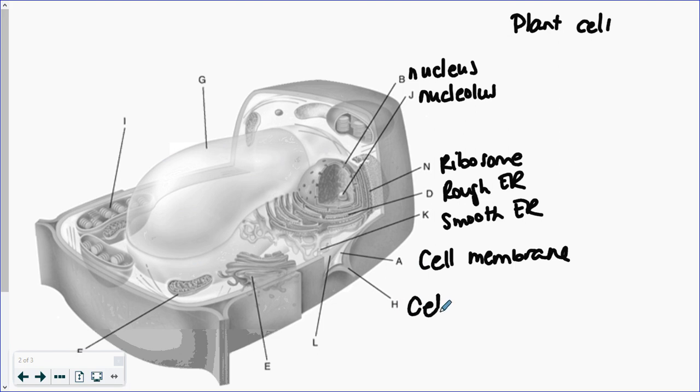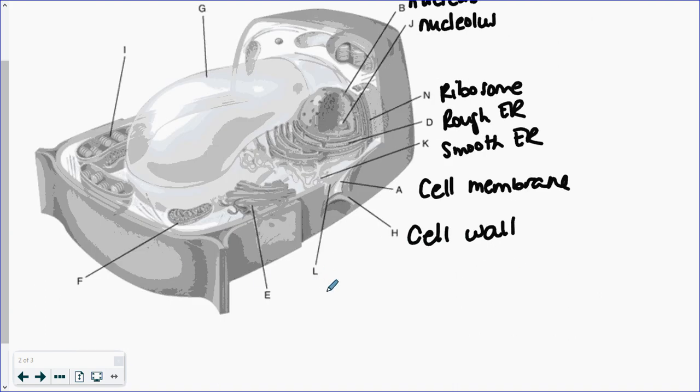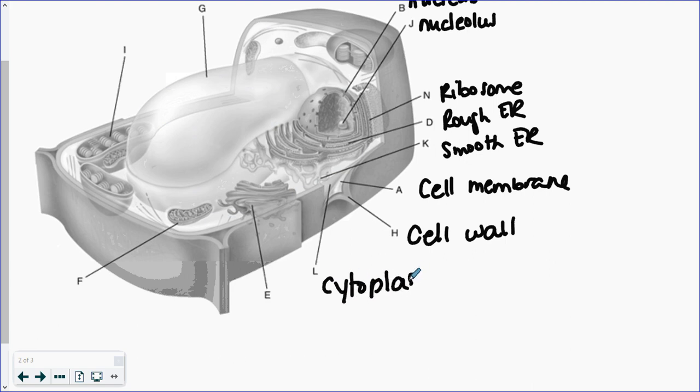H is the cell wall. We didn't see that on the last one. L is the cytoplasm. E is the Golgi apparatus. F is the mitochondria.